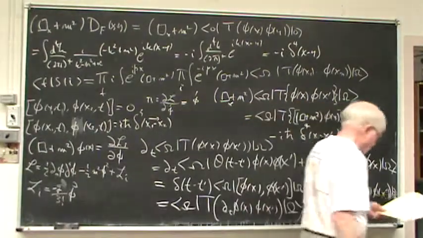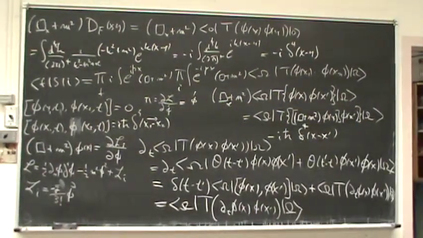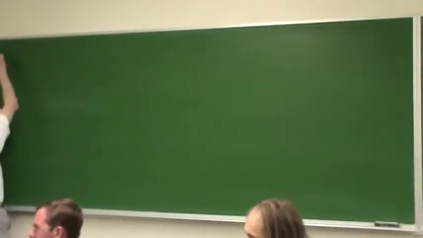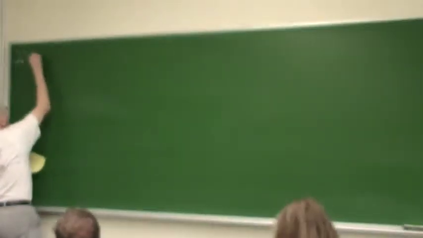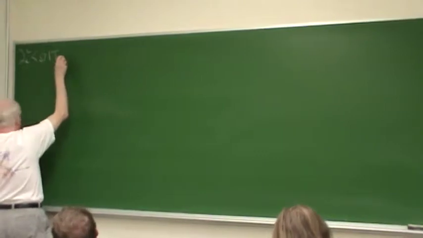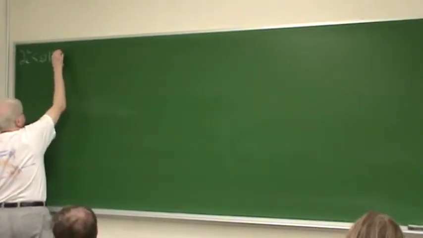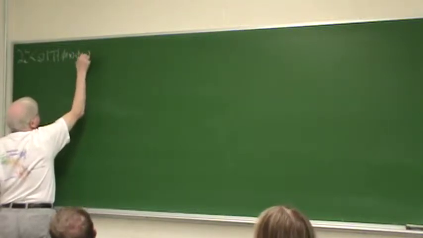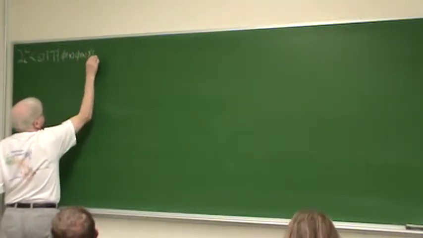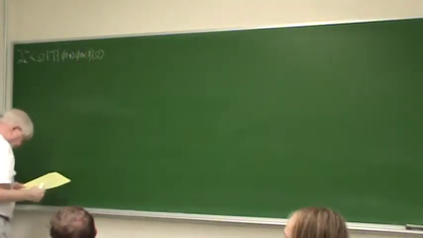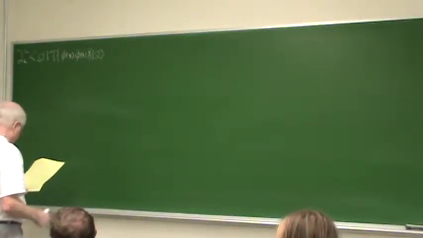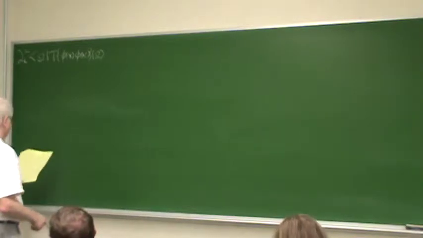All right, so let's do that. And we're out of space here. So we have d by dt squared. So now, what is that?